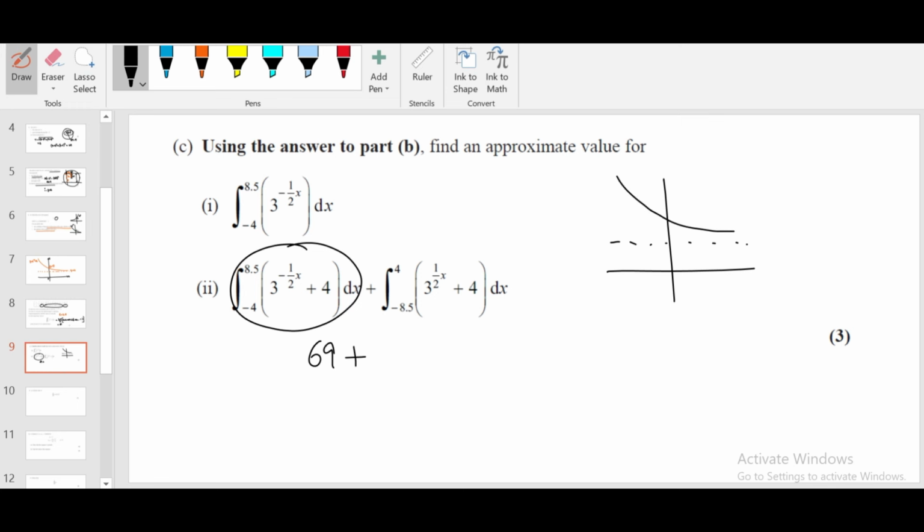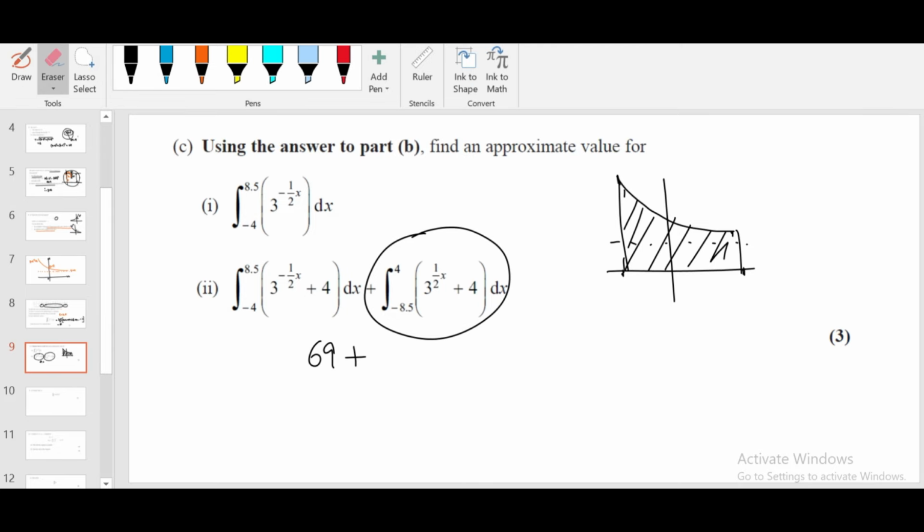So if you take it from minus 4 to 8.5, when you integrate the function from minus 4 to 8.5, basically you are getting this area, the area below the curve. Right? Now in this function, it's to the power positive half, so the graph will be this, and this would be 4.